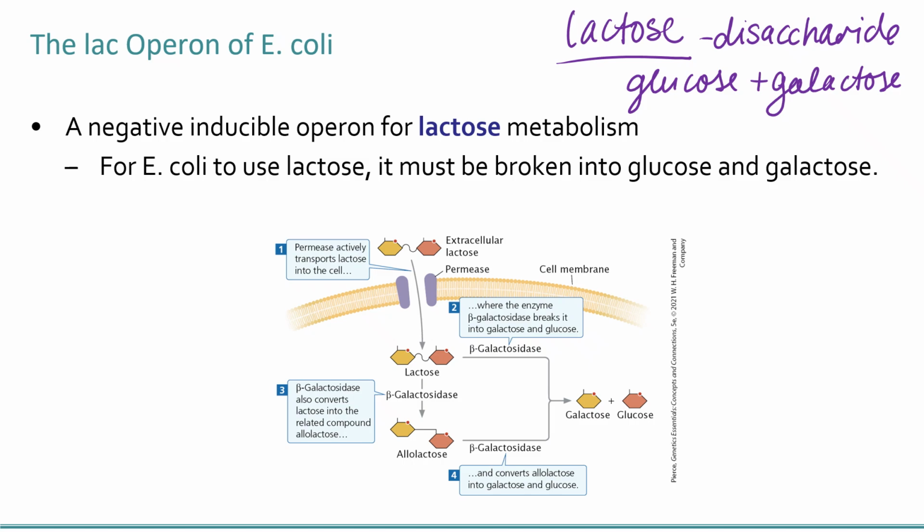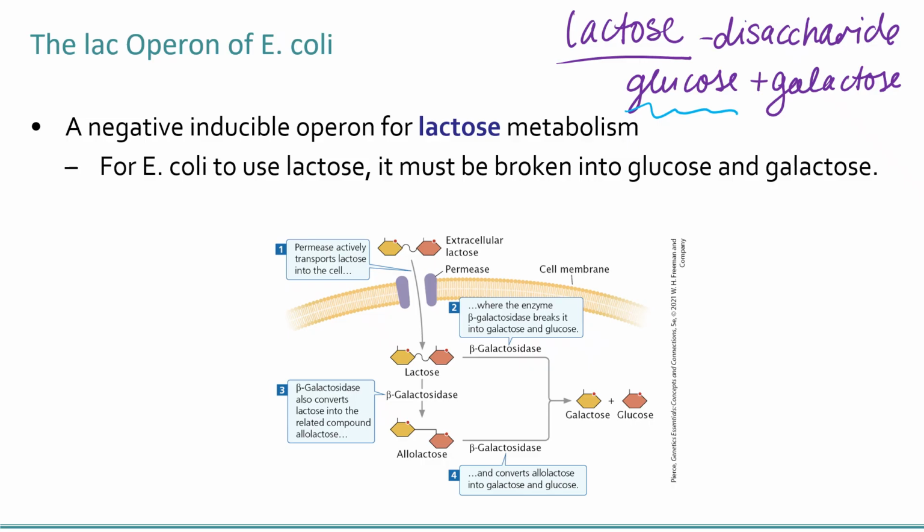So if we have lactose present, the first thing we have to do is break down lactose because eventually we want to get to that glucose because that's our preference here. And with any disaccharide sugar in any organism, they're going to have to be broken down first into its smaller components.